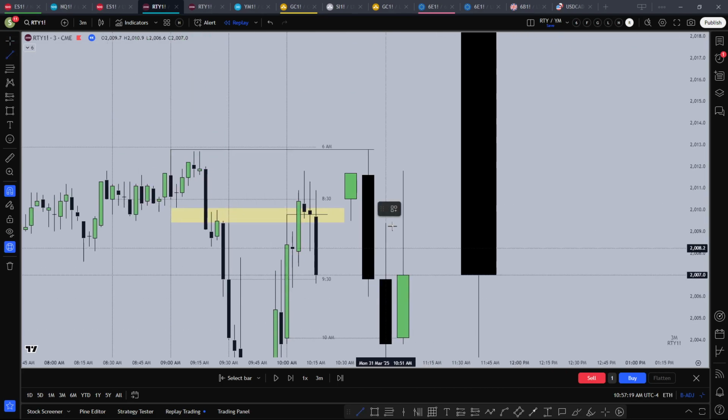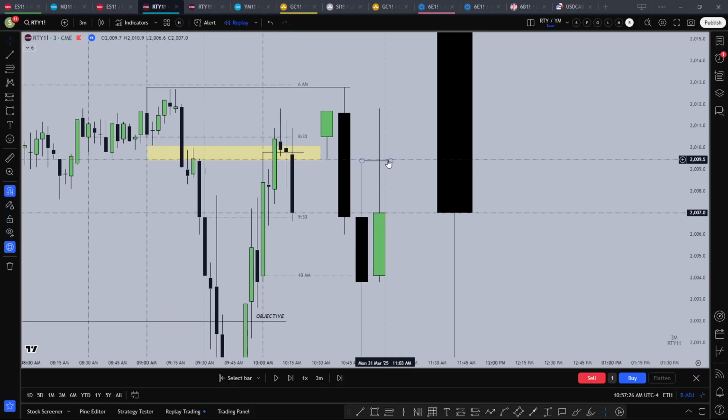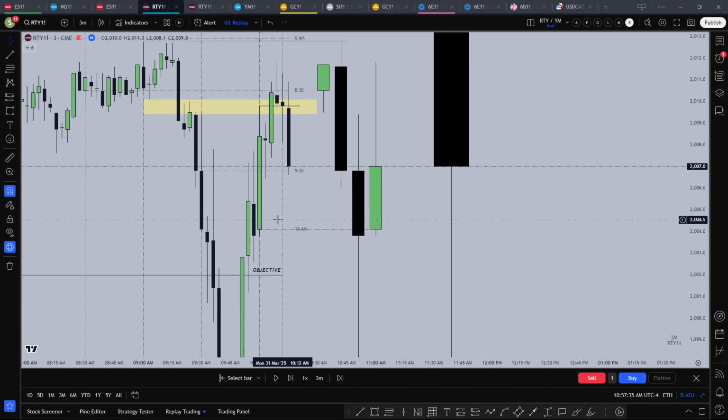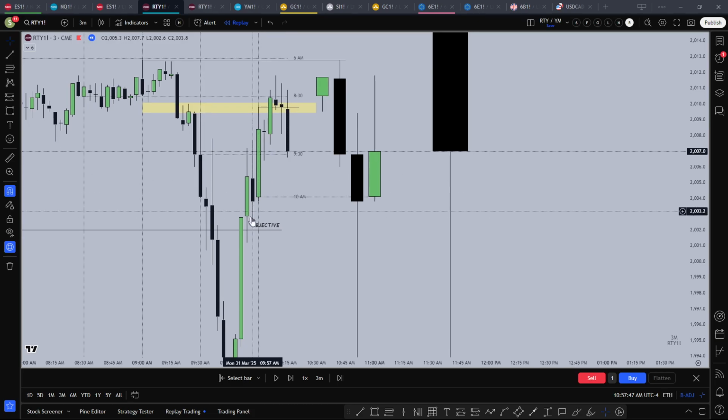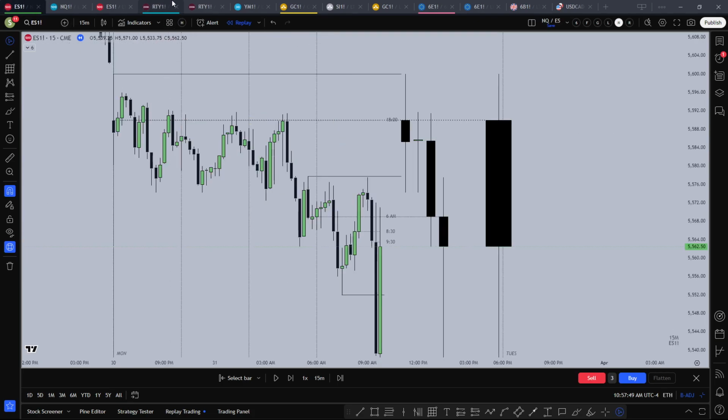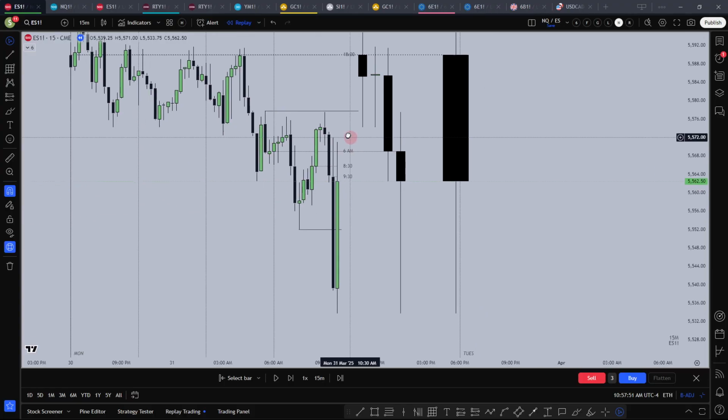This H4, if it's in a fair value gap, I don't know if this is in a 30-minute or H1 fair value gap, you can say any, but this M15 was a fair value gap for sure. Price hits it, rejects it, all the way aligning with 10 am H4 open high, forms high resistance above opening price, so kind of established high above H4 candles. So I would rather short this, but shorting RTY and NQ was the plan.